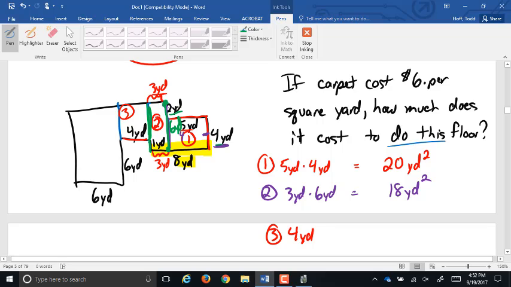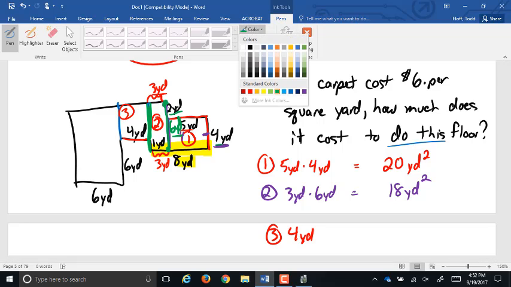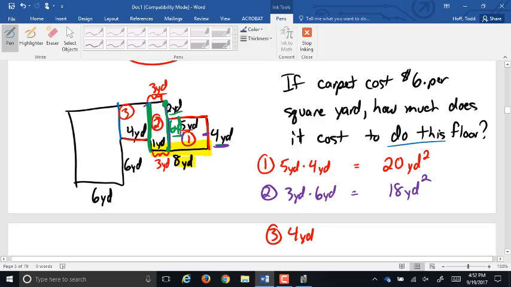This side here then, all the way down, has to also be 6 yards. To get what this piece is then, we're just subtracting this 1, which leaves us with 5 yards. So that is 4 yards by 5 yards, or 20 yards squared, or 20 square yards.